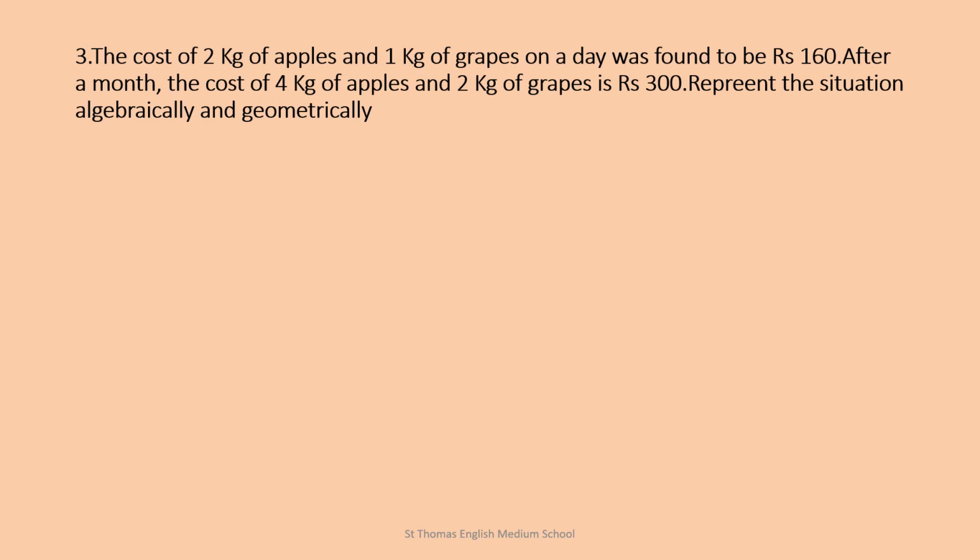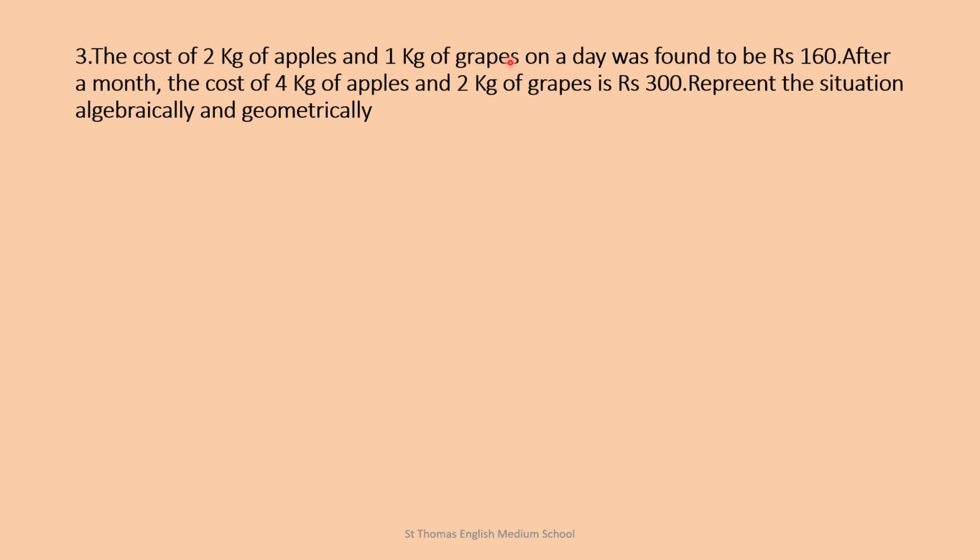For the algebraic representation of the given situation, first you go through the question and find out which are the two unknown quantities given. Here in the question, the two unknown quantities are cost of apple and cost of grapes.